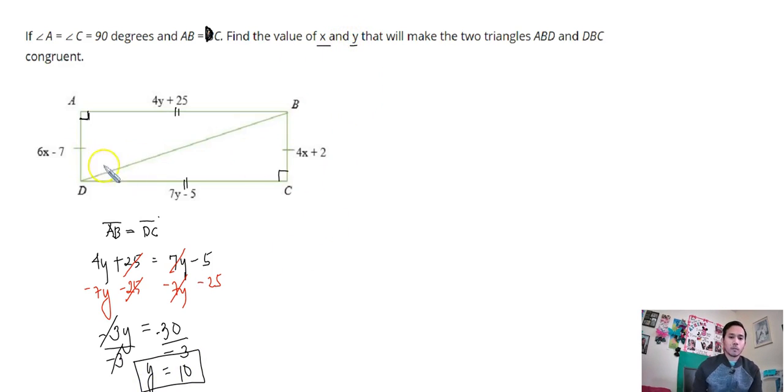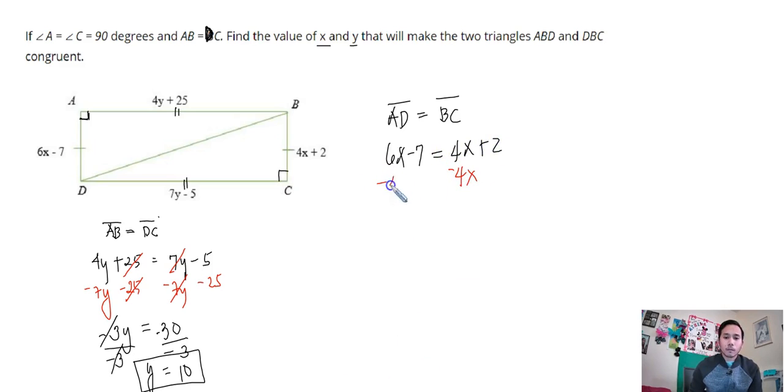And then for x, that's AD is equal to segment BC. So AD is 6x minus 7 is equal to 4x plus 2. So I'm going to subtract 4x from both sides, and then I'm going to add 7 to both sides. Of course, this will be cancelled.